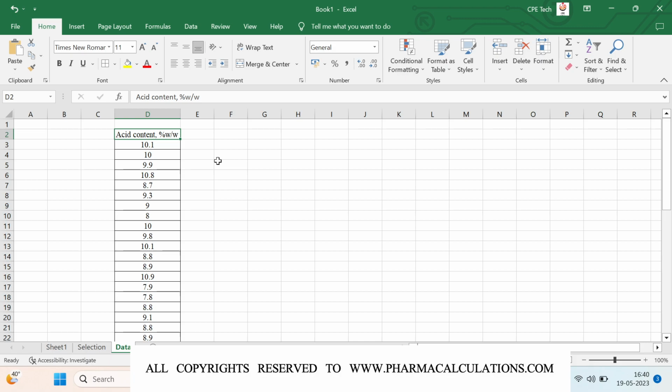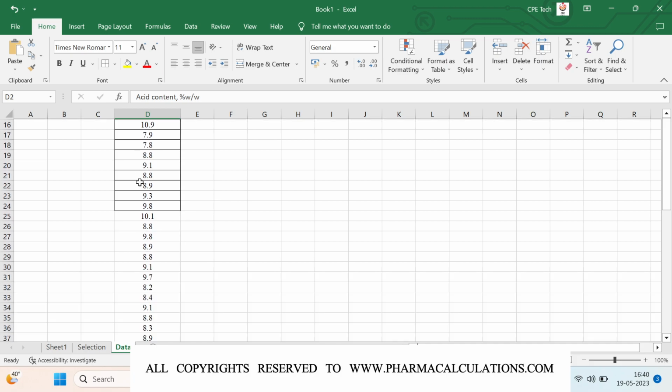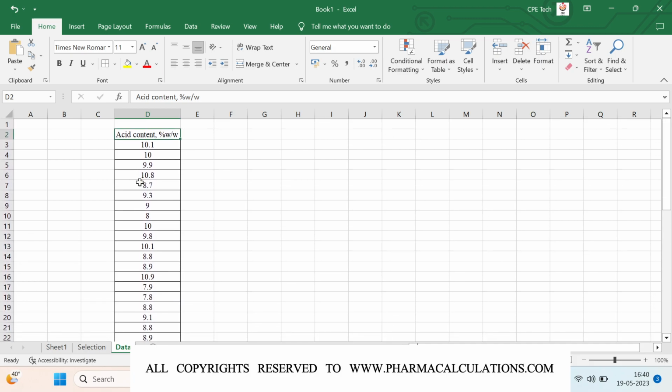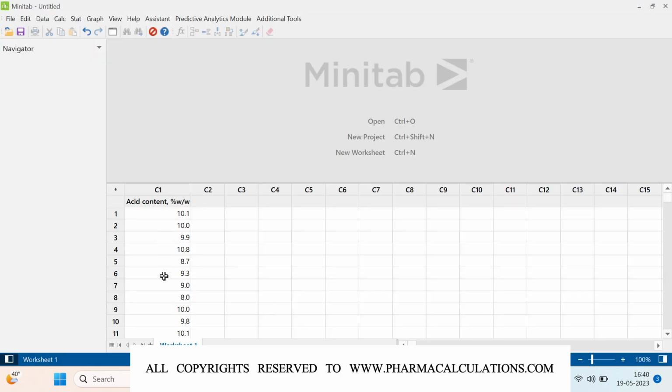I have collected the specific data of acid content here, and for the same I want to plot a control chart. From a total of 47 batches I have collected data, and the same data has been plotted here. I'm going to paste it in Minitab, a total of 47 data points.